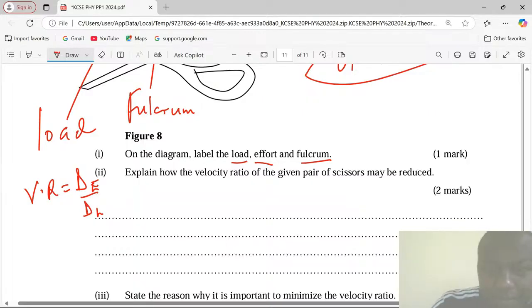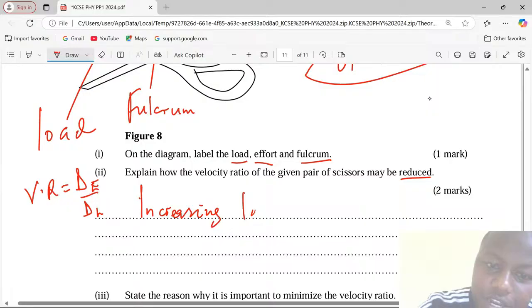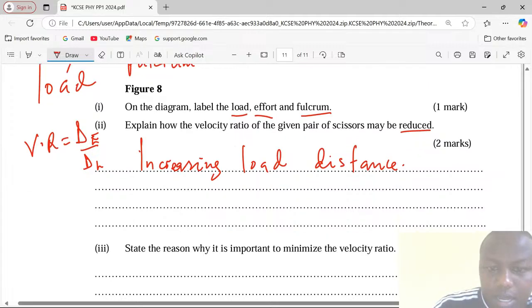Therefore, we can have a reduced VR by increasing the load distance.